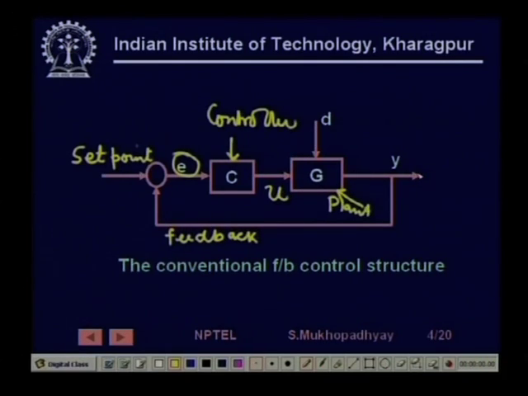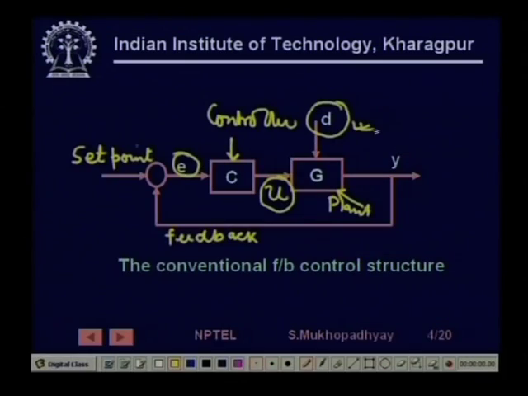Now, as we have discussed before also, the plant has several sources of disturbances, other factors which are beyond our control also affect the output. It is not only you who affect the output, but there are other factors which are beyond our control. Typically such factors we call a disturbance.